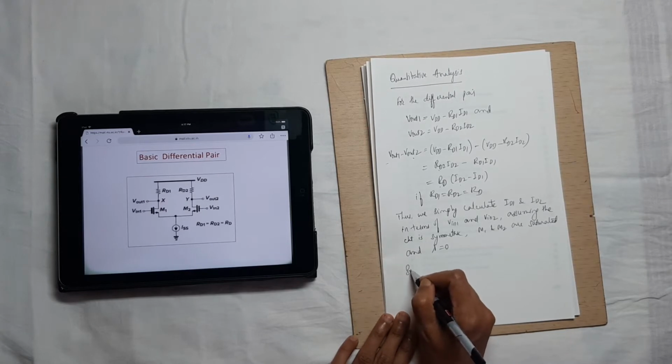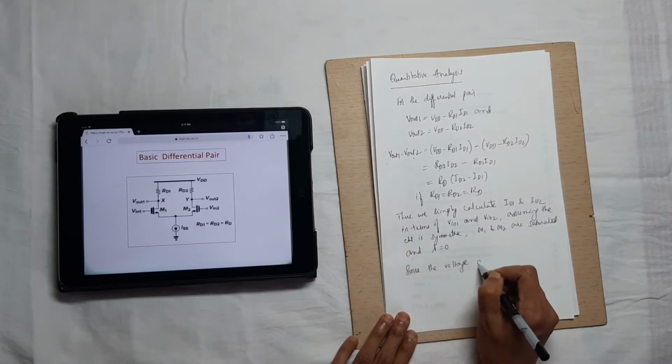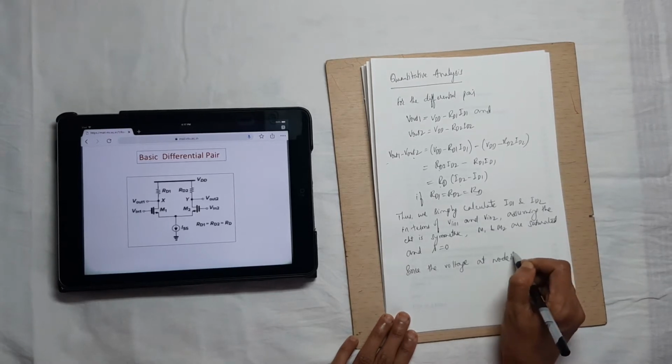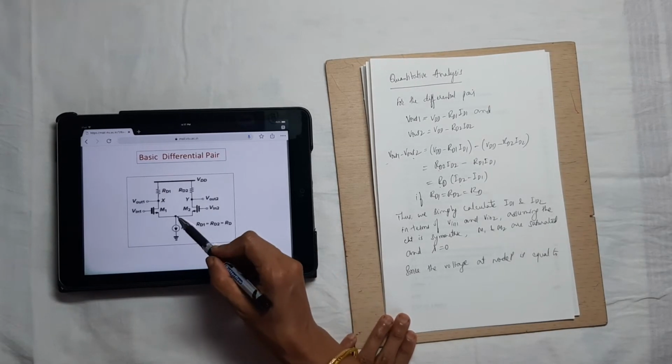Since the voltage at node P, I told you this is a point P, and we get the point P from this side also and this side also.